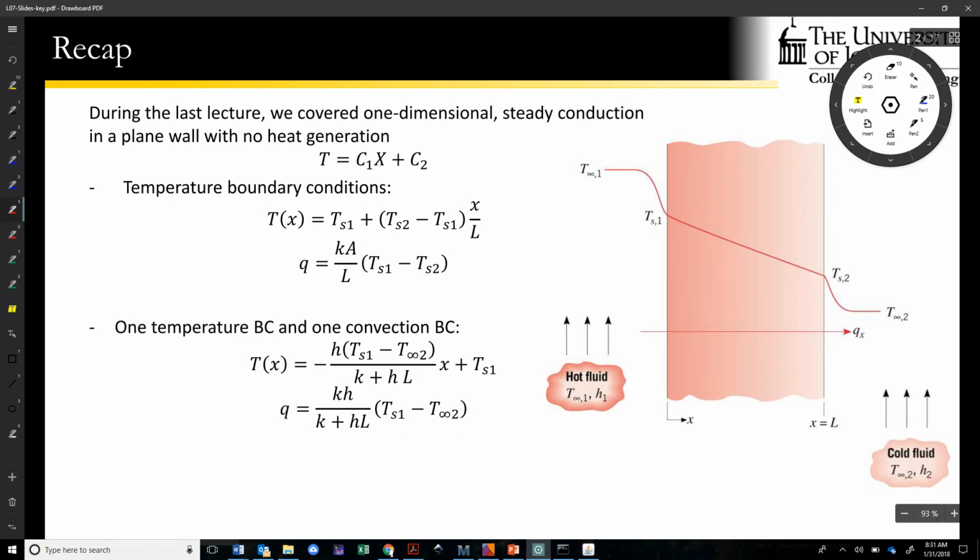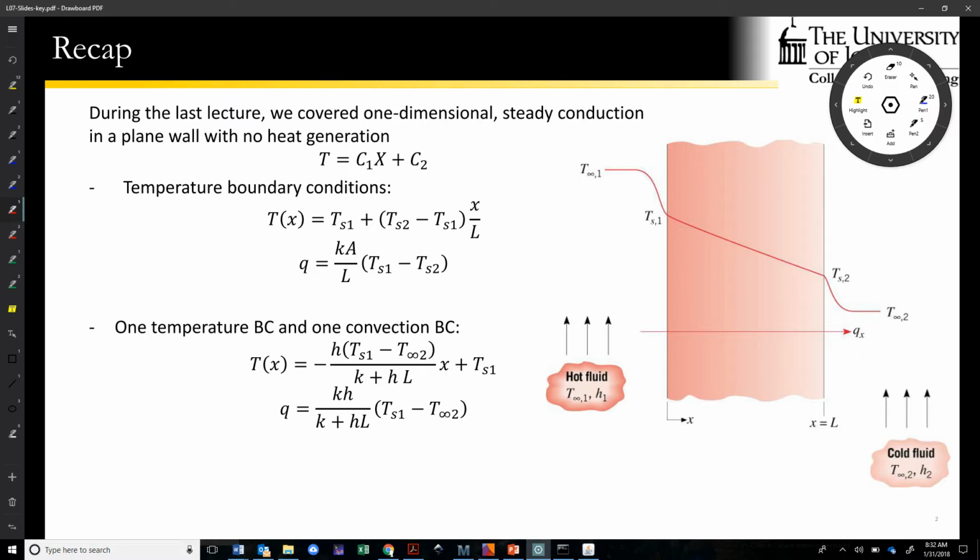So quick recap here, right? In the last lecture, we focused on this case, the plane wall, right? The understanding being that anytime you have steady heat conduction through a plane wall without any heat generation, right? The Q dot is equal to 0, then your temperature distribution across that wall is linear.